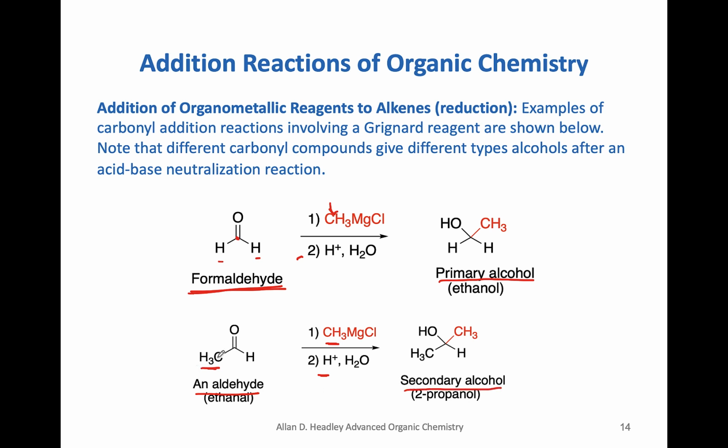So an aldehyde reacting with a Grignard or an organometallic, this could be organolithium, gives you a secondary alcohol. And as you can imagine, if you had a ketone such as this acetone reacting with this sequence of reaction, should give you a tertiary alcohol, as shown here from this as your reactant. So you should be comfortable with these type reactions.